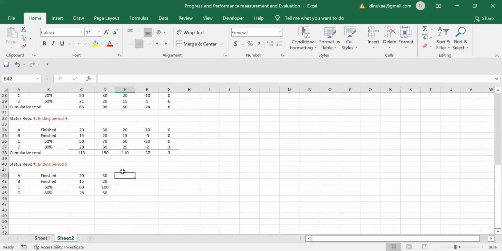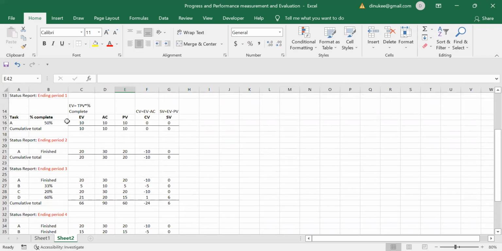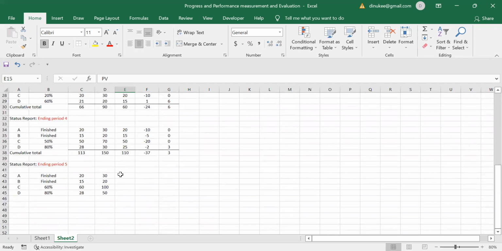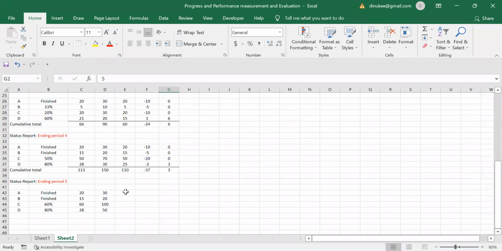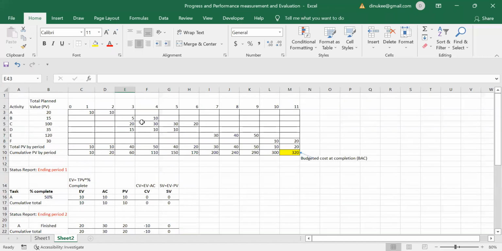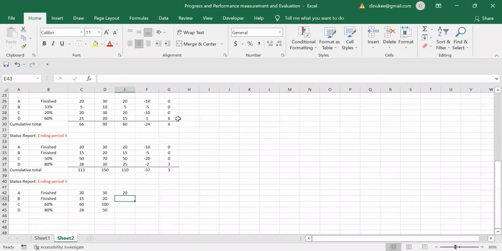Now what are we going to calculate? We have to calculate earned value and planned value. The planned value at the ending period 5: for the activity A, it should be 20. For the B activity, it should be 15.